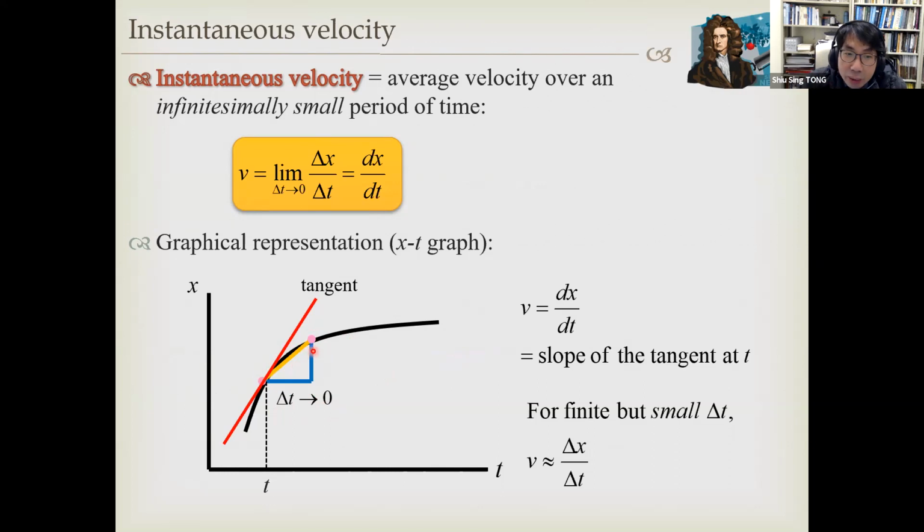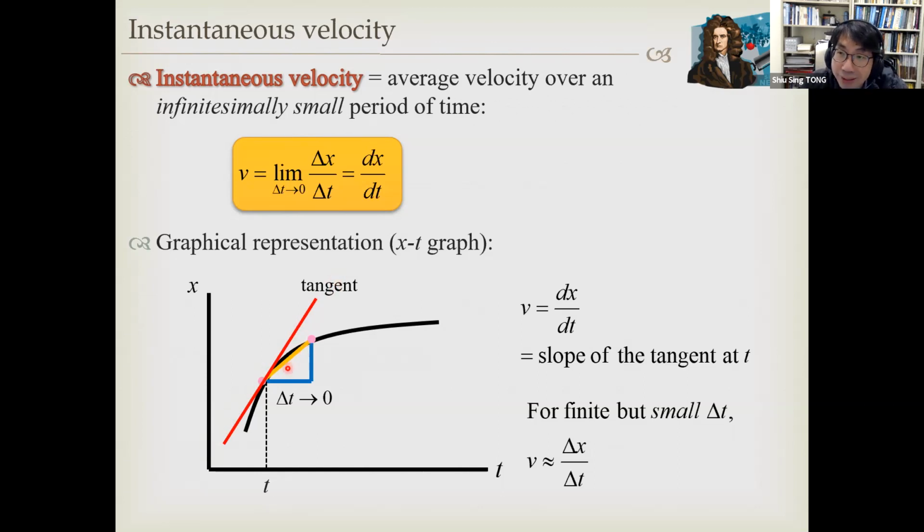Okay, so imagine that when these two points are getting sufficiently close, the slope of the yellow line will tend to the slope of the tangent to the curve at this point. The red line is the tangent to the curve. It is tangential to the curve.